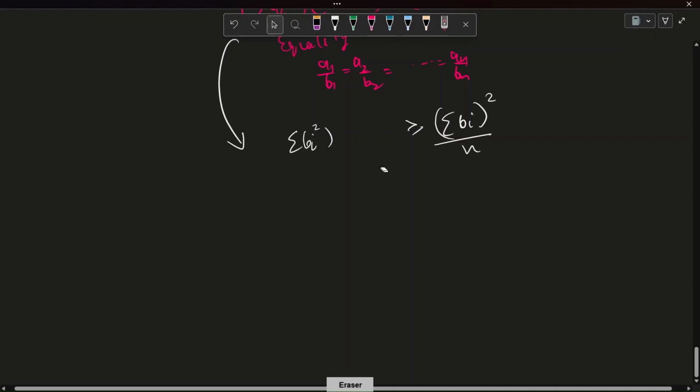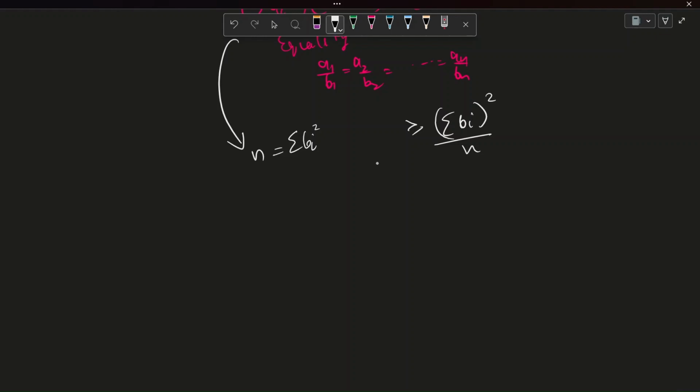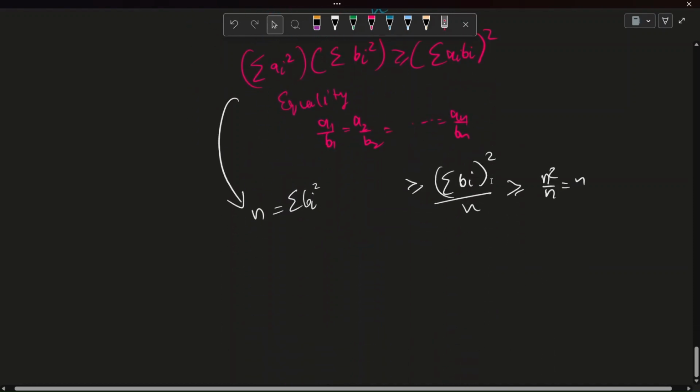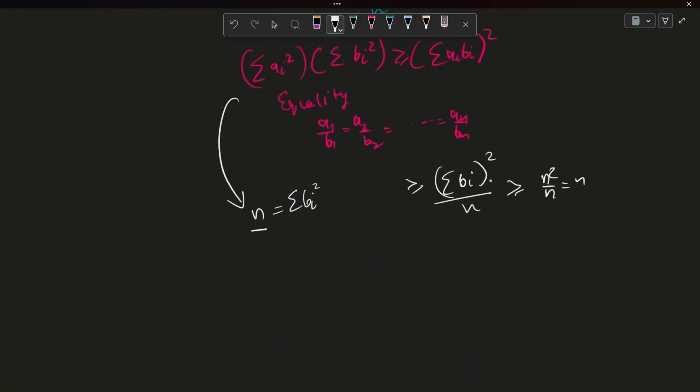Notice that the summation of b_i squared is equal to n, and for the summation of b_i, the whole squared, notice the summation of b_i is greater than or equal to n, so this is greater than or equal to n squared by n, which is equal to n. So we are using this fact here and this fact here, and because n and n come on both sides of the inequality, and these two numbers are equal, both these inequalities should be converted to equalities.